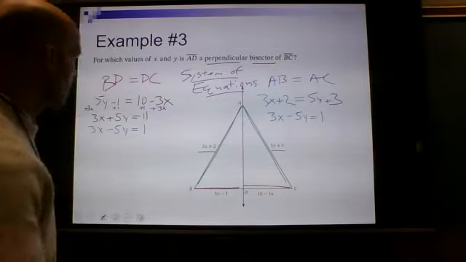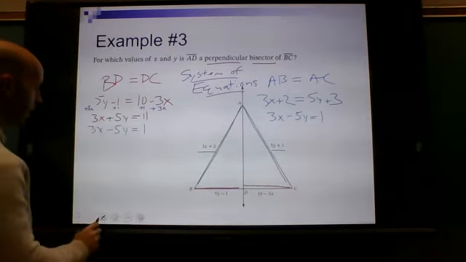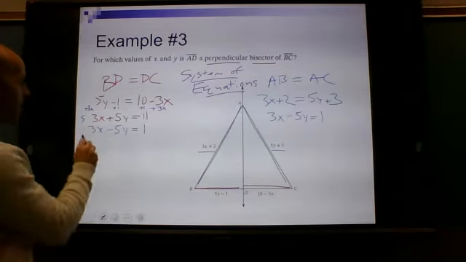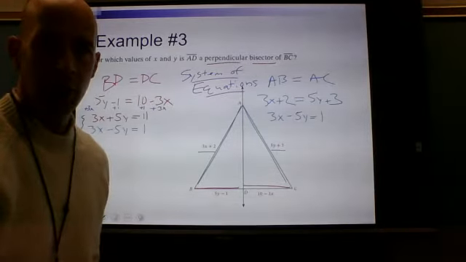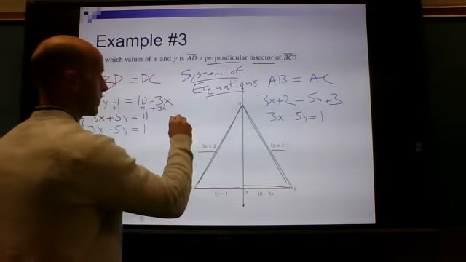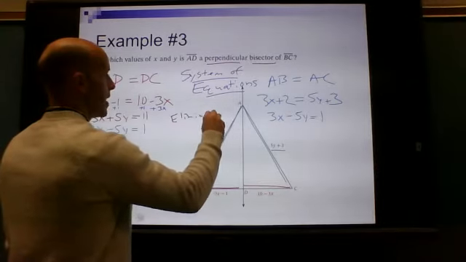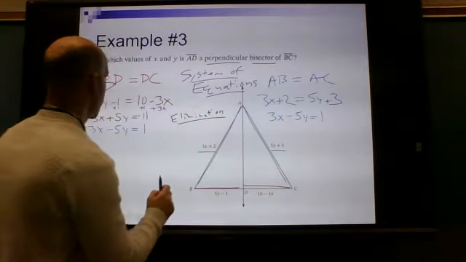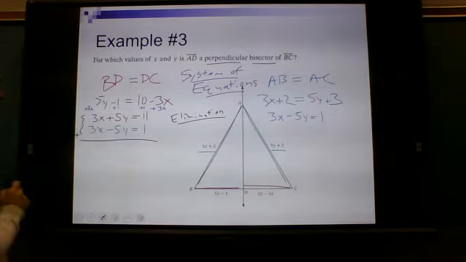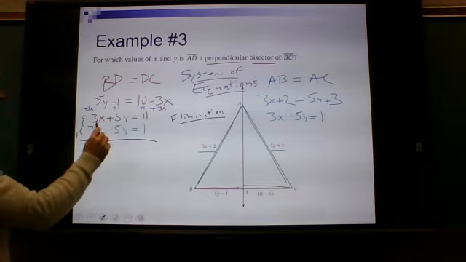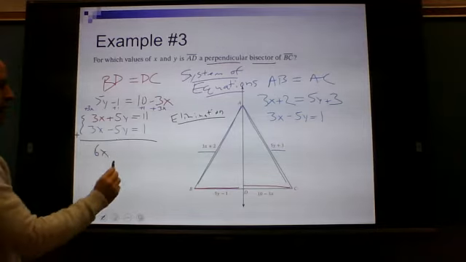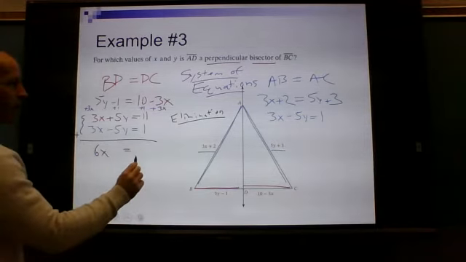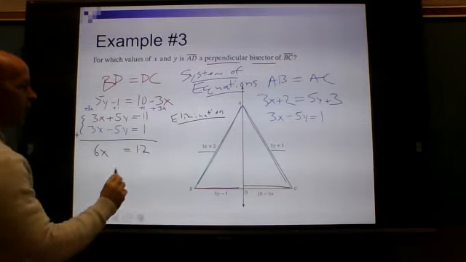Now I can use both of these equations to solve my problem. There's a variety of different ways that we could solve this, but I think the easiest way is elimination. It works out really nicely here because all I have to do is add these two equations together. 3x plus 3x is 6x. 5y minus 5y is 0. 11 plus 1 is 12.